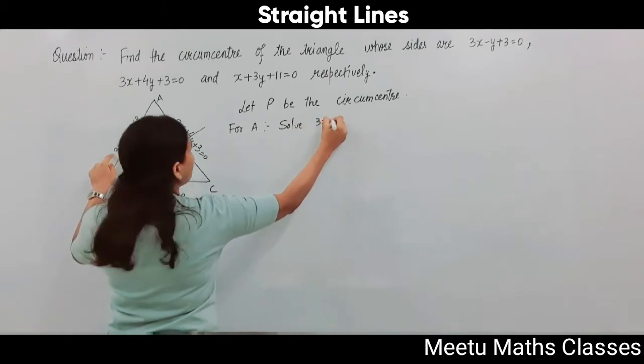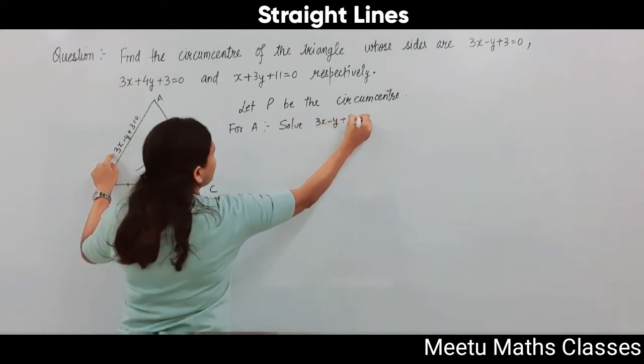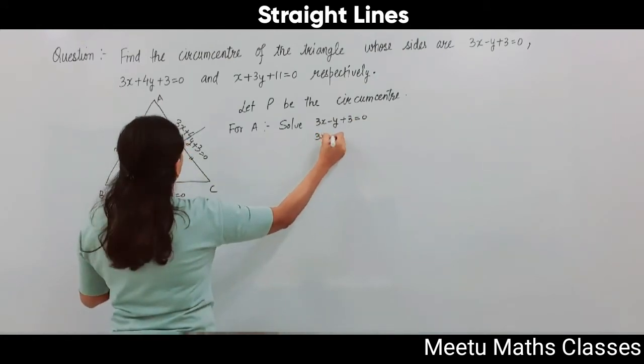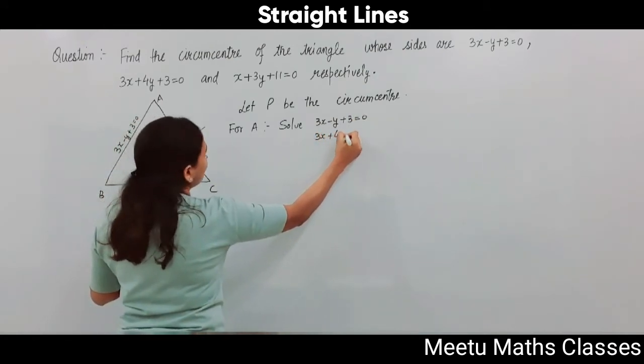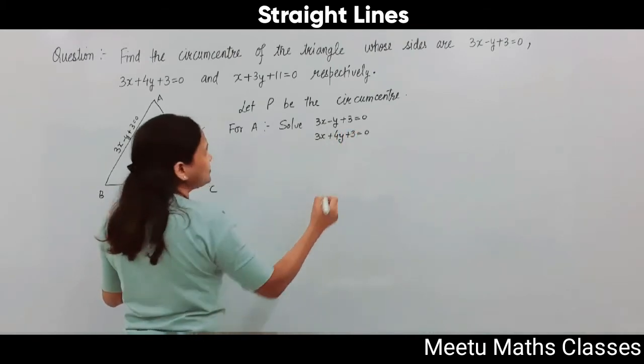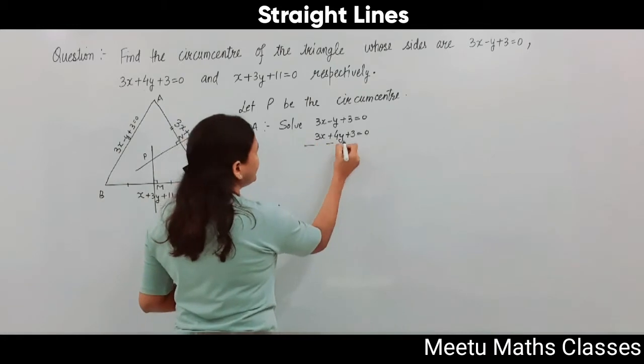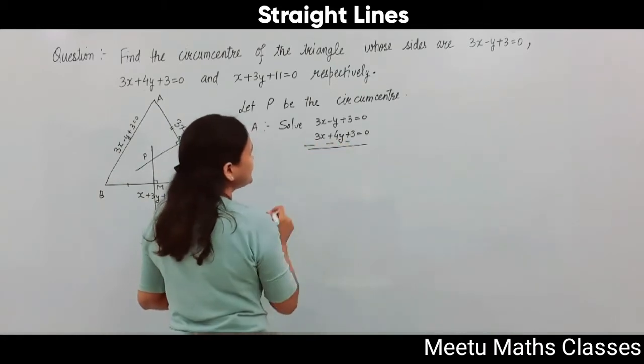3x minus y plus 3 is equals to 0 and 3x plus 4y plus 3 is equals to 0. जब आप इसे सॉल्व करेंगे, you can subtract the two equations.